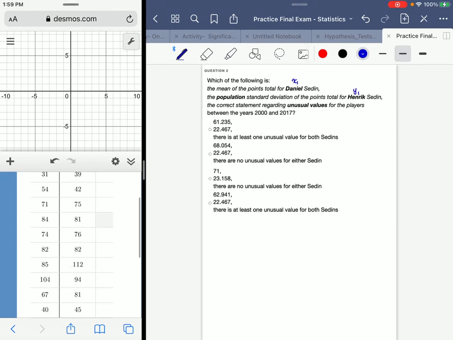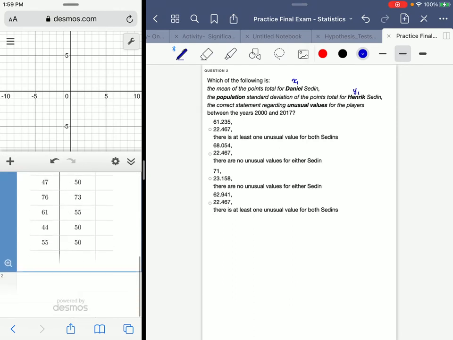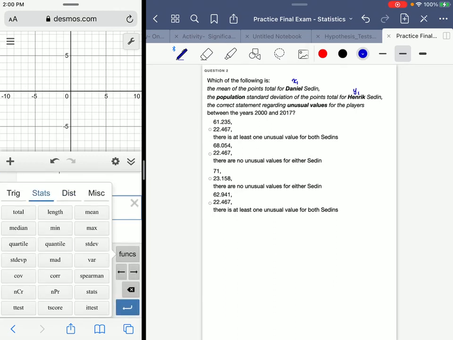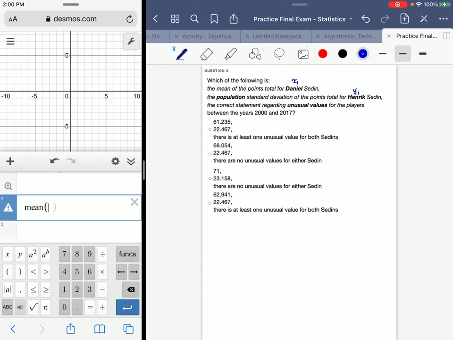So we need the mean for X1. Function, stats, mean, type in X1. So 61.235. Well, that worked out nicely.